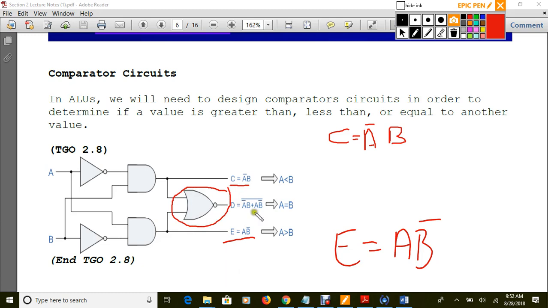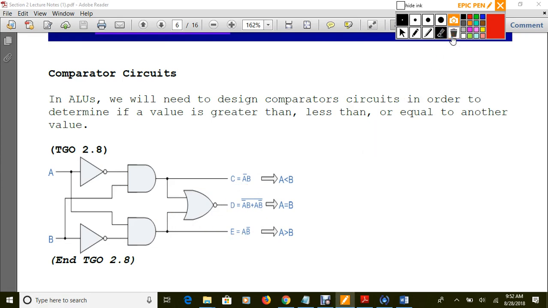If this is 0 and this is 0, that means the inputs are 1 and 1, or 0 and 0, so they're going to be equal. In that case, we can just use a NOR gate to simplify that.